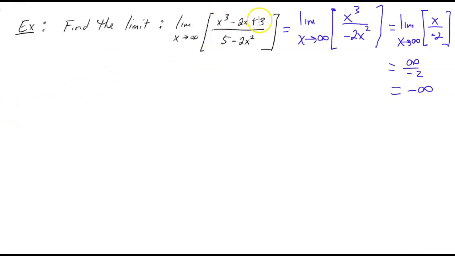multiply the numerator and denominator of this particular rational function by 1/x² divided by 1/x². Now, I'm going to explain why we want to do it by 1/x² divided by 1/x² versus 1/x³, like what I was saying earlier, by going with the highest exponent here.